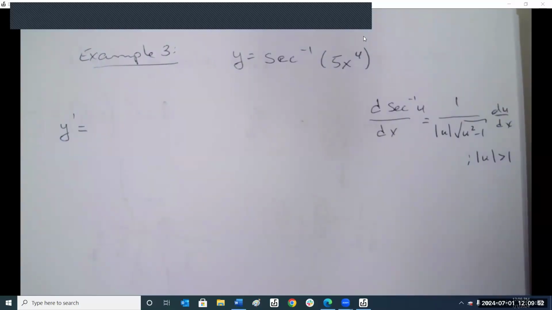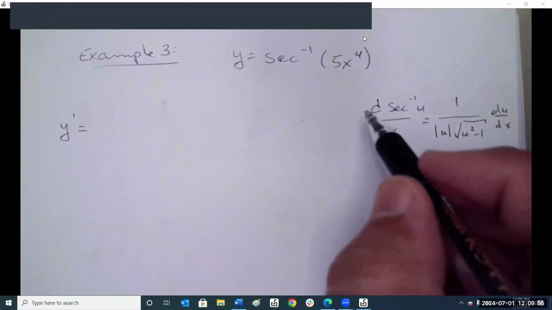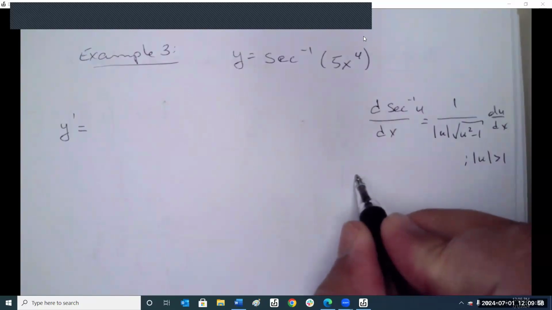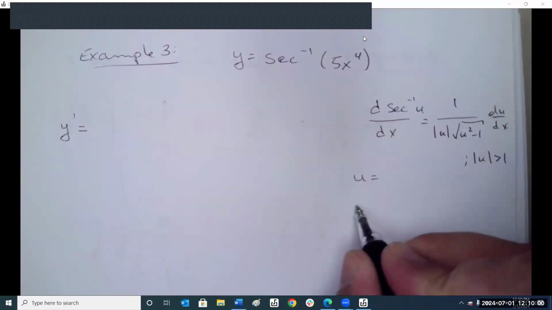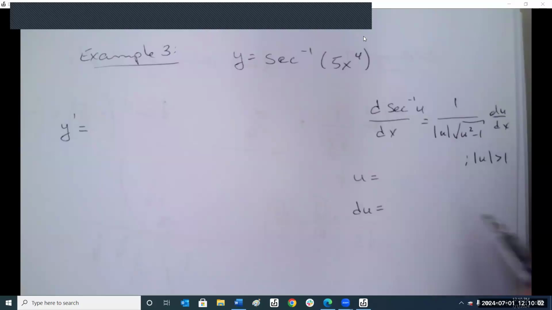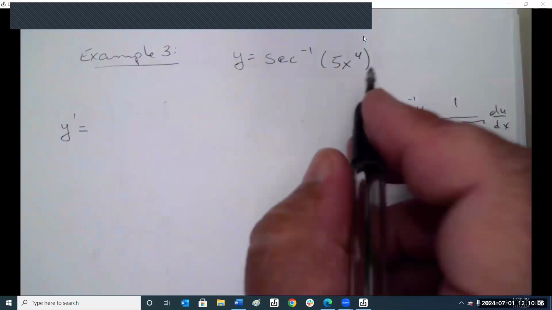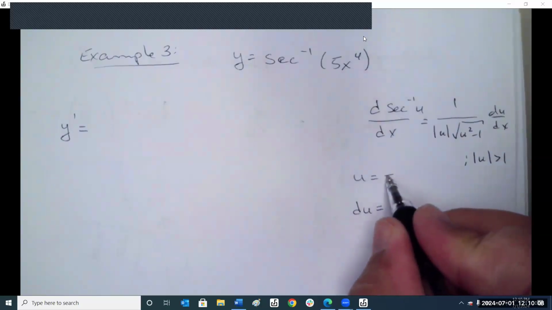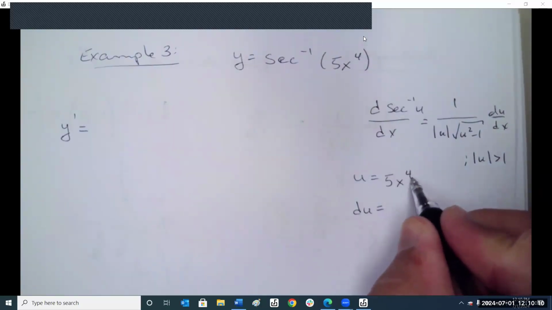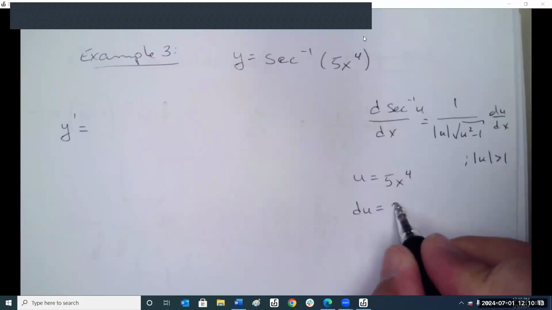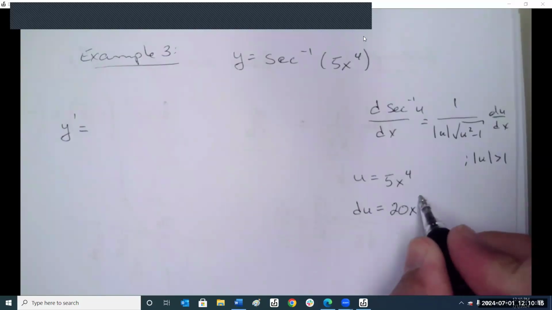So to find our solution, again, we have to define u and we have to find du. u is whatever's inside the parentheses. And the derivative would be 20x cubed.